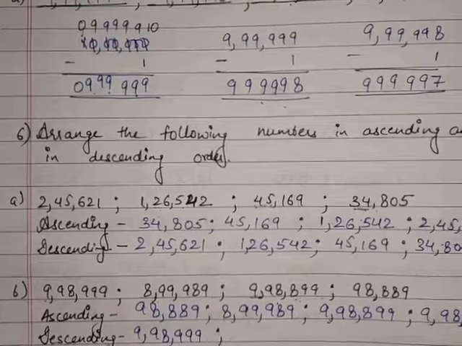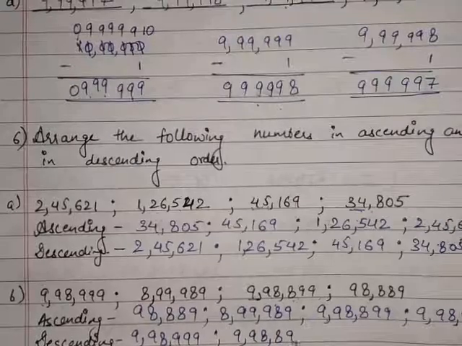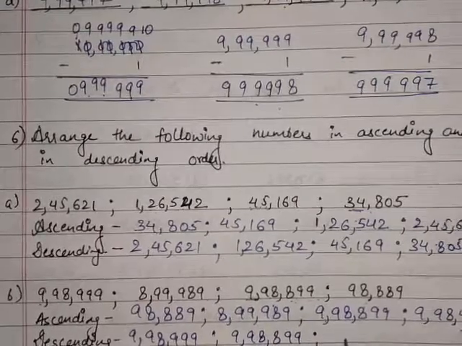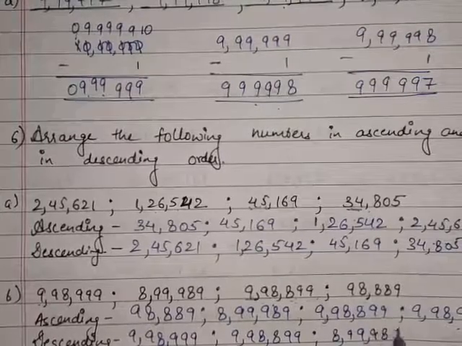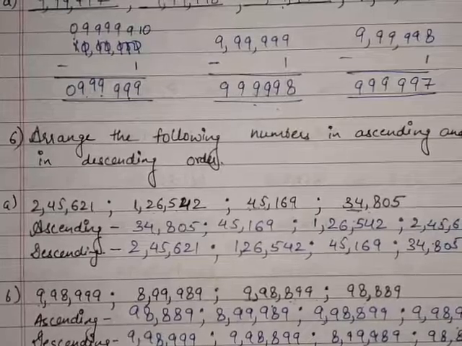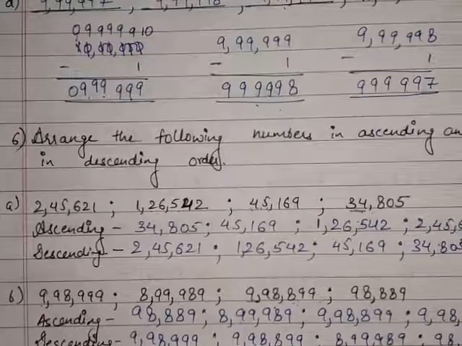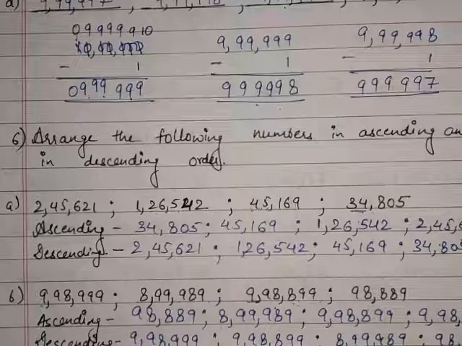Now 9,98,899. Then 8,99,989. Then 98,889. Get it, students? See, we have arranged the number in ascending and in descending order.